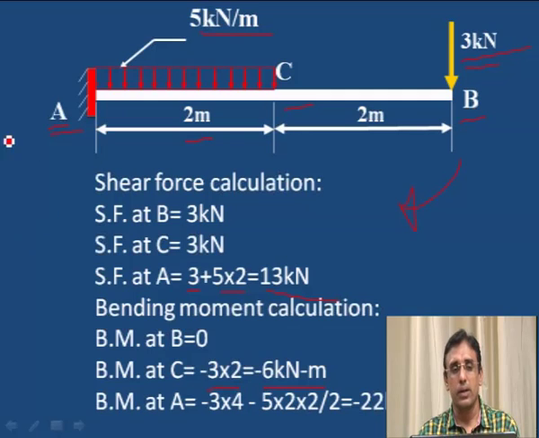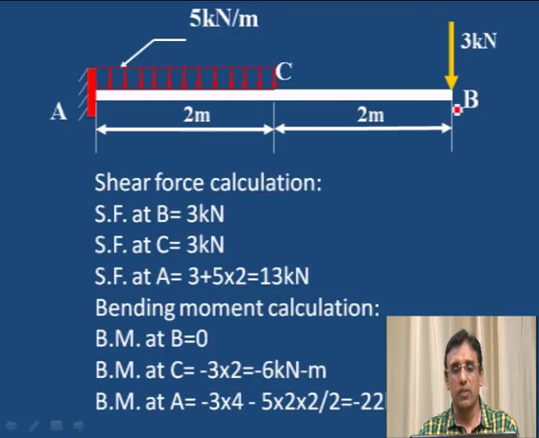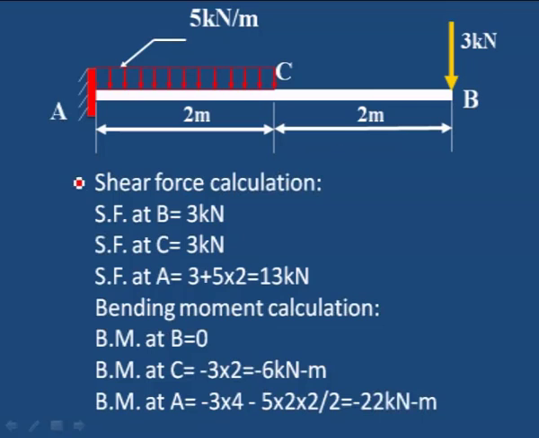Bending moment at A. For calculating the bending moment at A, 3 into the distance from B to A, which is 4, so 3 into 4, and then the uniformly distributed load.